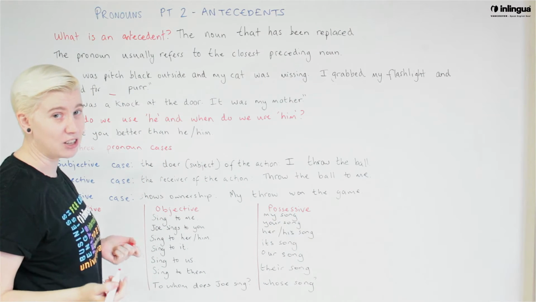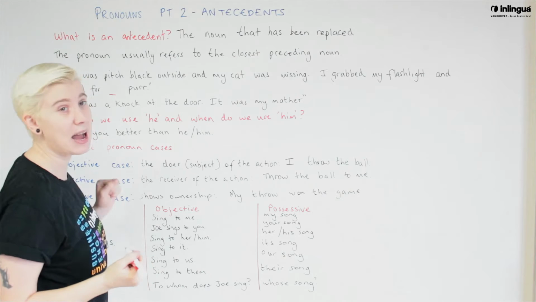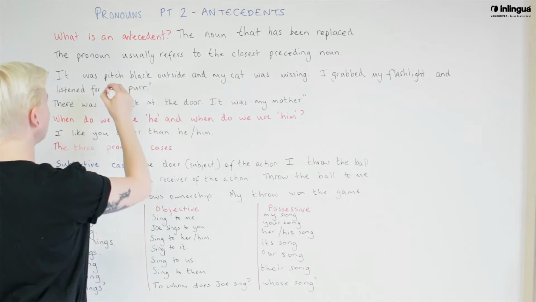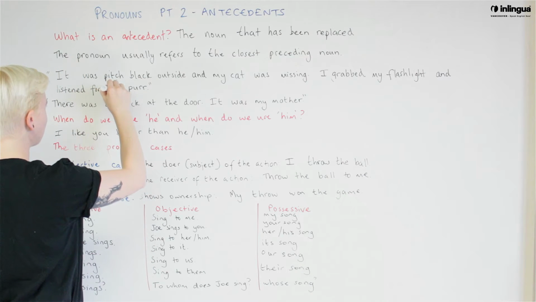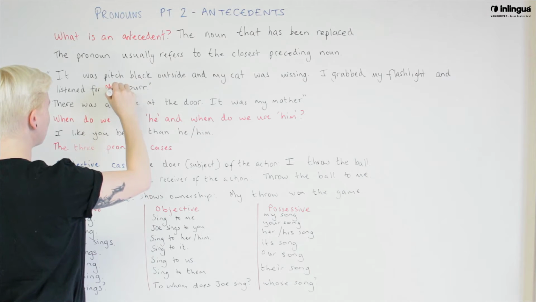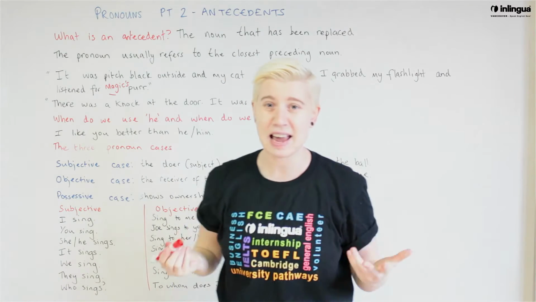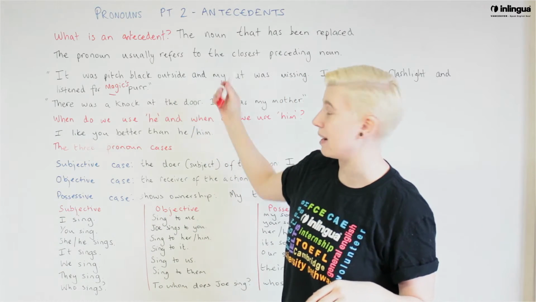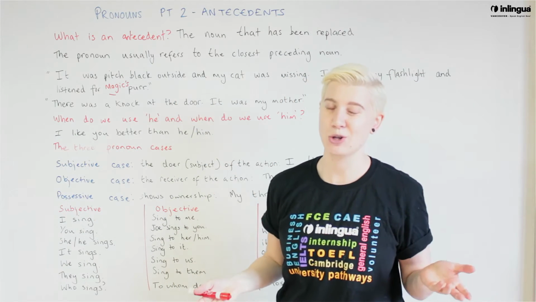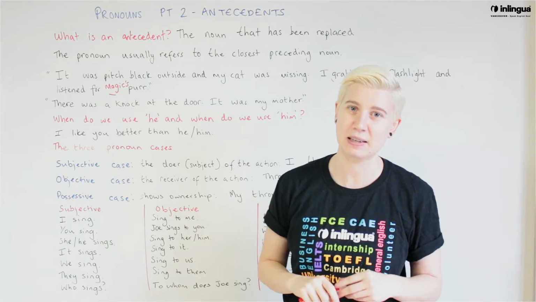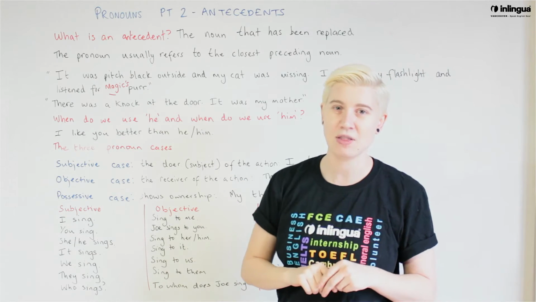The best way to change it, in my opinion, is to have a noun here instead of a pronoun. So I'm going to call my cat Magic. There we go. So now my cat has a name. And instead of repeating my cat twice, we talked about how we don't like to repeat things, I've now replaced it with a name.